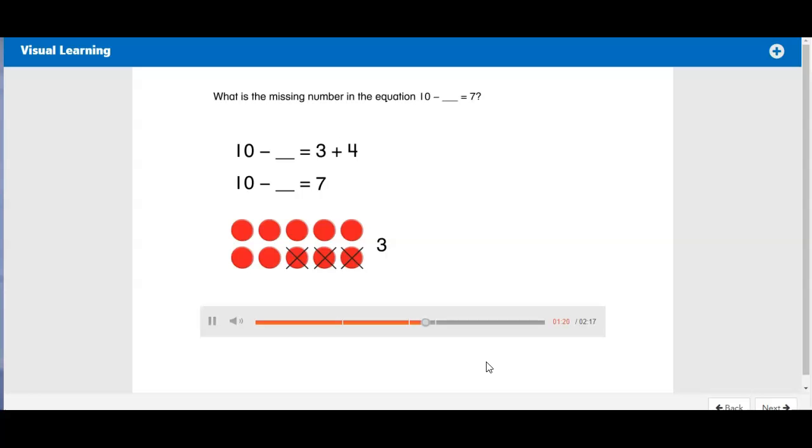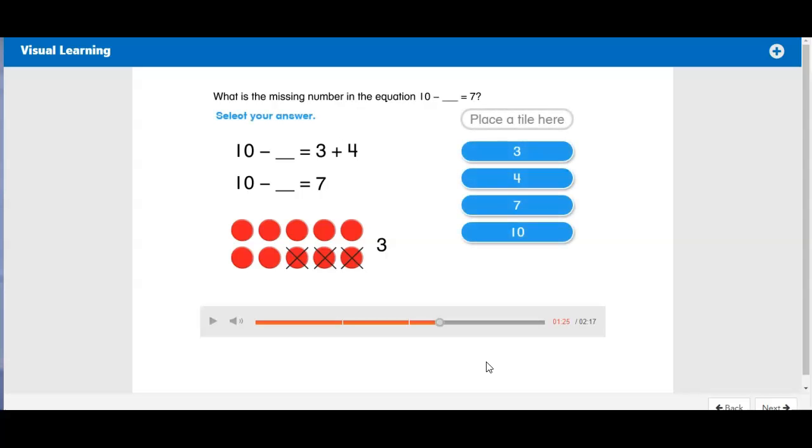What is the missing number in the equation 10 minus blank is equal to 7? Select your answer.